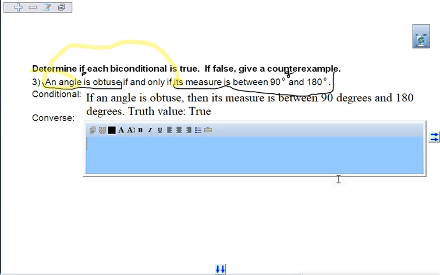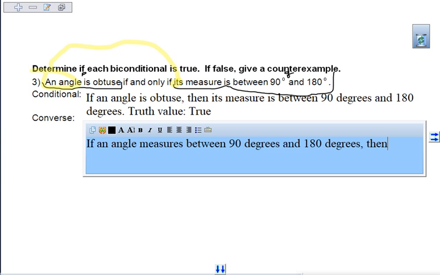Remember, converse, you're flipping your order. So if an angle measures between 90 degrees and 180 degrees, then it is obtuse.